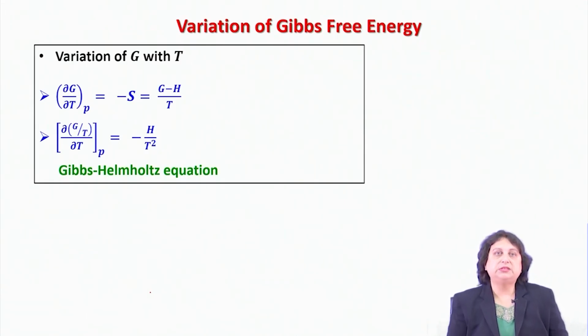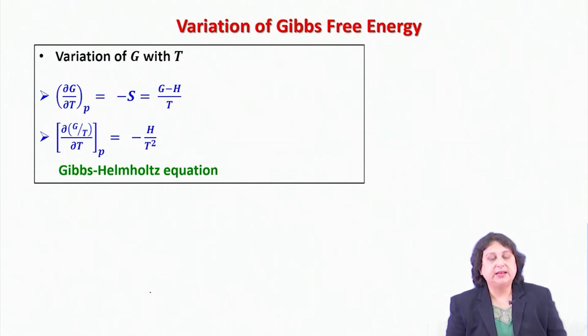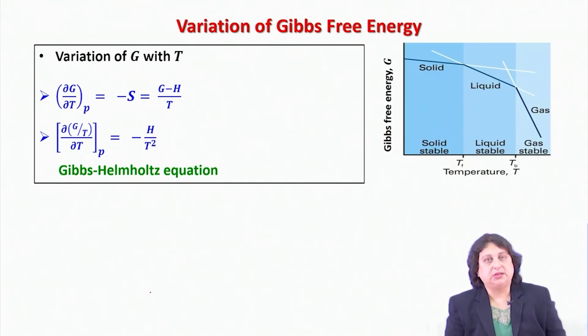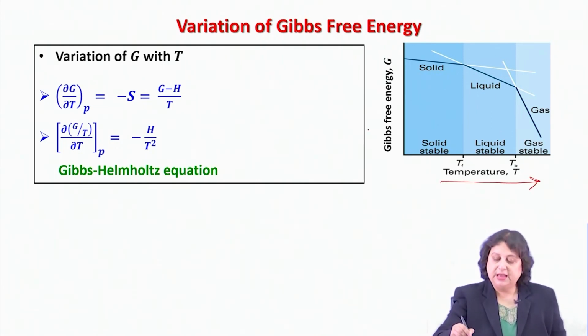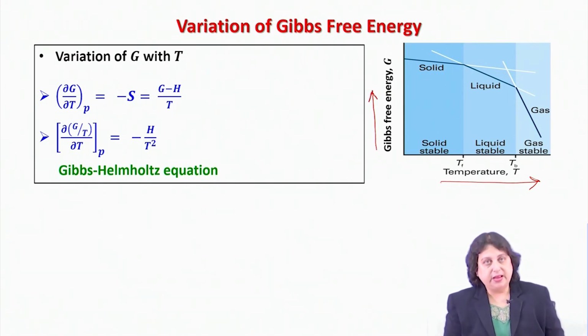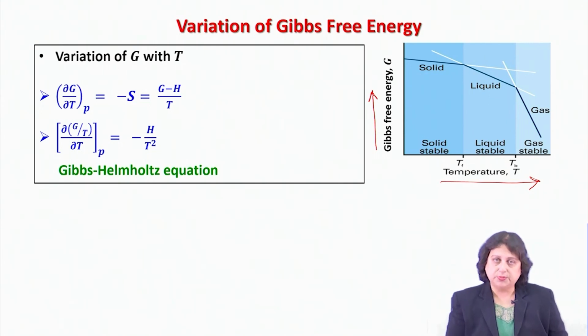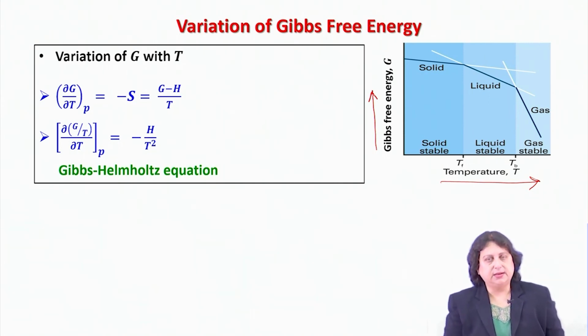Now with these Gibbs-Helmholtz equations, what is it that I can find out very easily? The application is extremely important. Now this equation tells me that if I am plotting the corresponding Gibbs free energy as a function of temperature, then the variation on the whole is going to be not exactly linear, but very close to linear as shown in this figure.